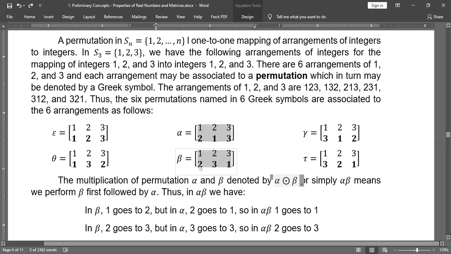Kapag we're dealing with multiplication involving permutation, uunahin natin lagi yung multiplier natin, yung nasa dulo. Although pareho silang multiplier, no? Pero uunahin natin yung nasa dulong factor. Okay. In this case, we have the beta. So, yung element 1 natin sa beta, nakikita nyo? Palakin natin.